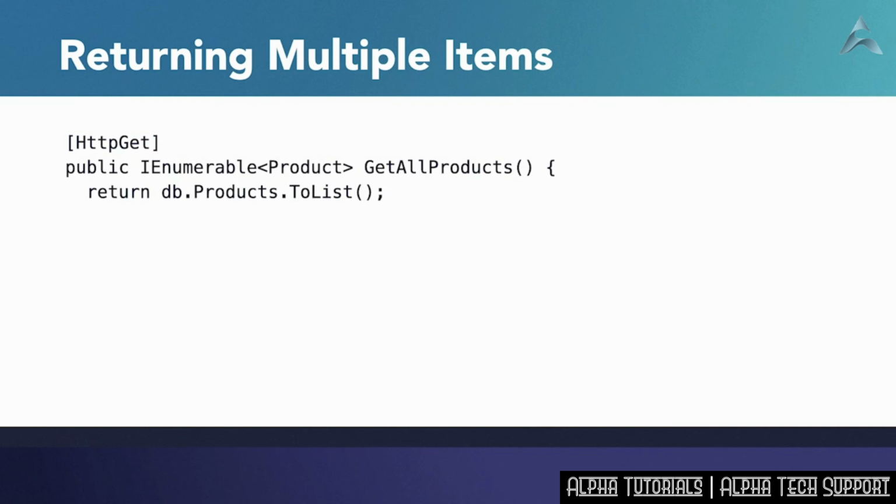So we have the HTTP GET attribute, the method name starts with GET, and it just returns a list of the products. So DB is our database context class. This gives us the list of products, and we just convert it to an array or to an IEnumerable. So the method just returns a list of products, basically. And this list is then automatically serialized into JSON, as we'll see shortly.